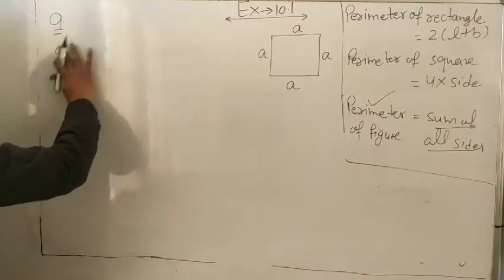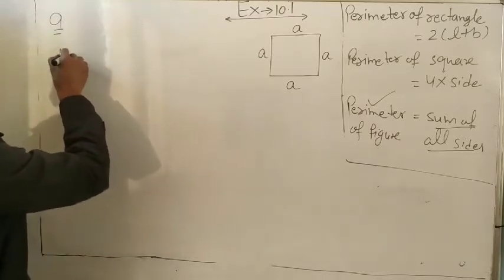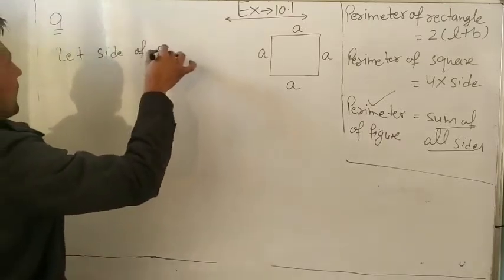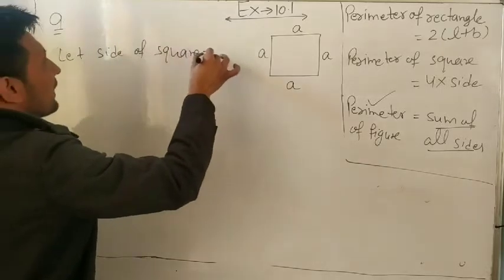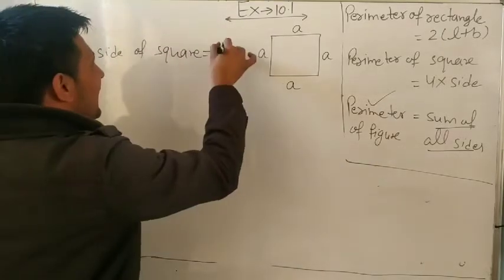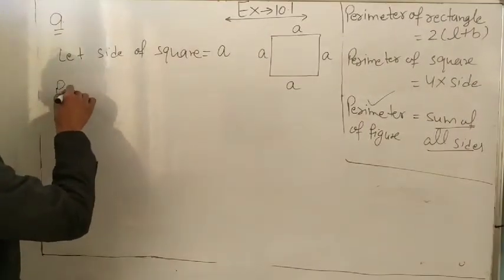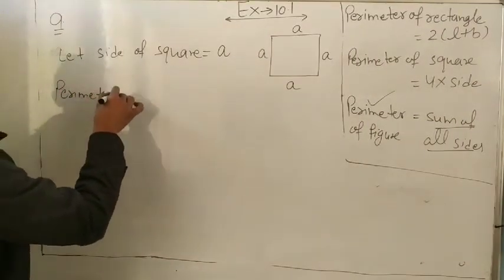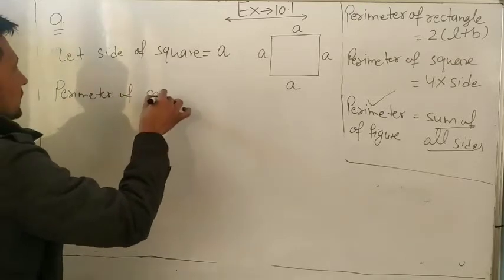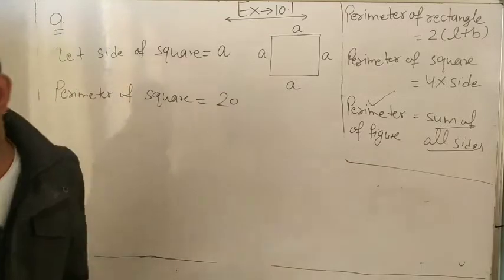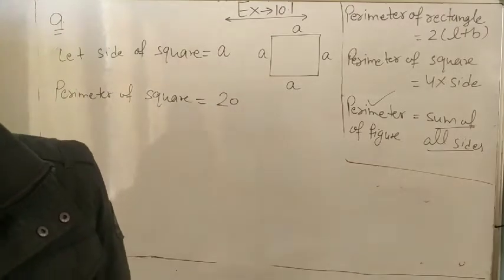So we write: let the side of the square be A, because we want to find the side. Understand? In the question, the perimeter of the square given is 20 meters.